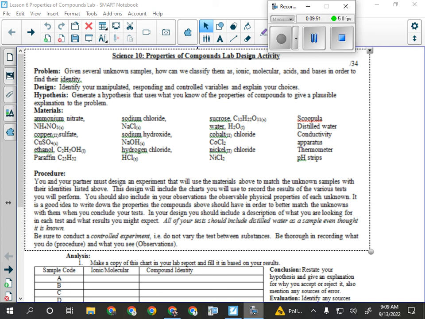I should get different physical properties for each unknown material. So there you go, I just gave you the answer. The responding variable is the physical properties and test results for each unknown. Your job, explain how and why. That's the responding variable.